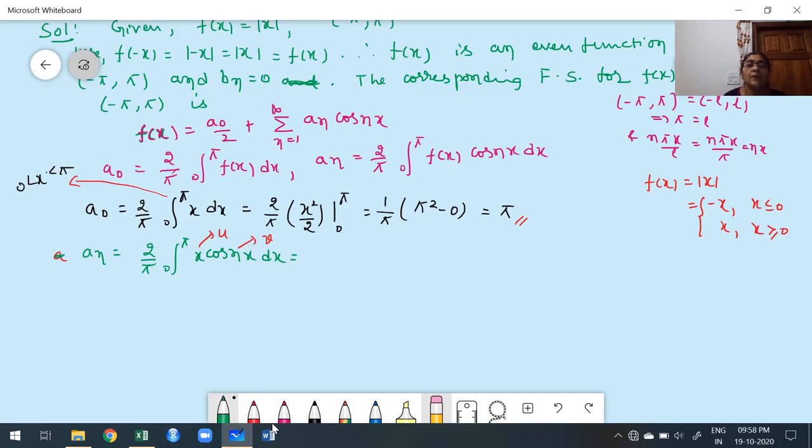In the next step, 2 by pi, first function into the integration of the second function, sin nx by n, minus the differentiation of x with respect to x, which is 1. Again I have to integrate. What is the integration of sin nx? Minus cos nx by n into n, which is n square. The next or higher terms are 0, because the derivative of a constant is 0. I have to stop and apply the limit 0 to pi.